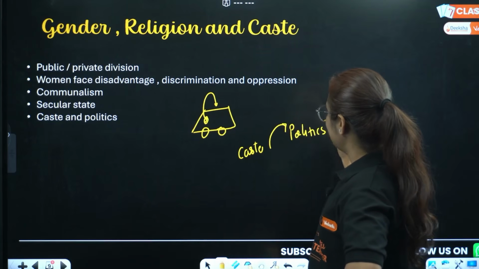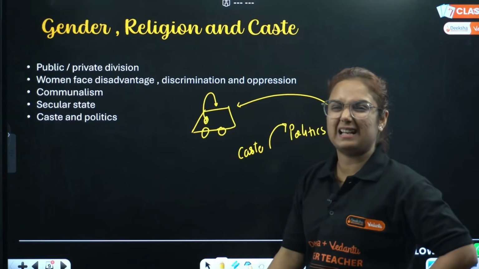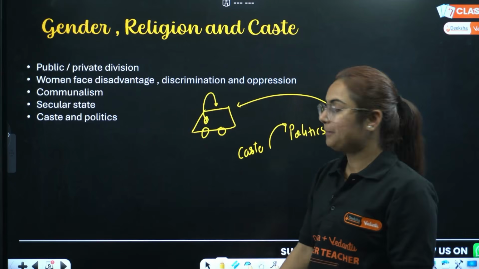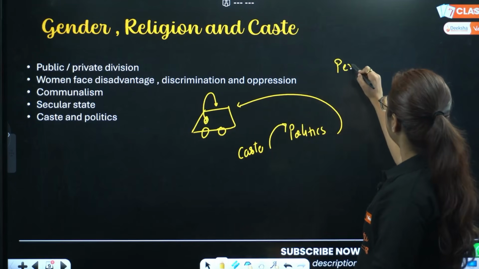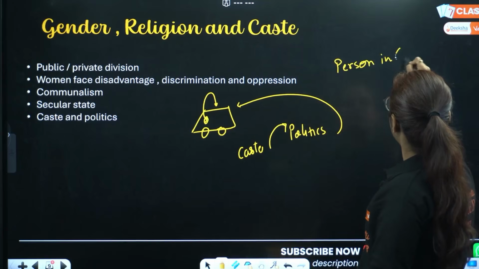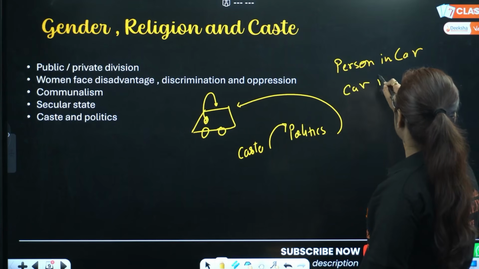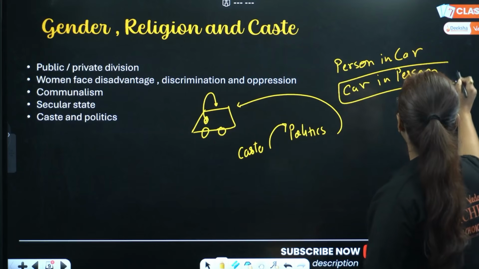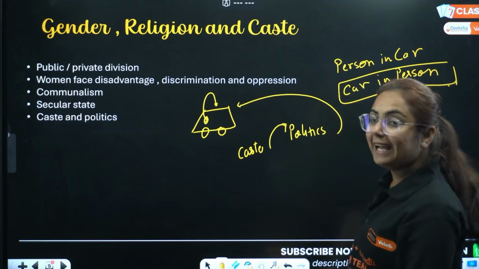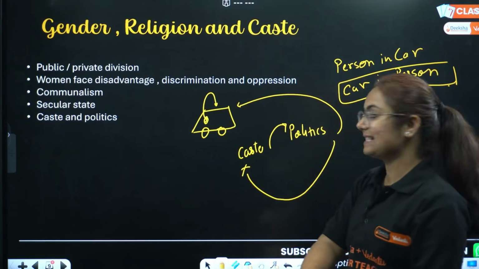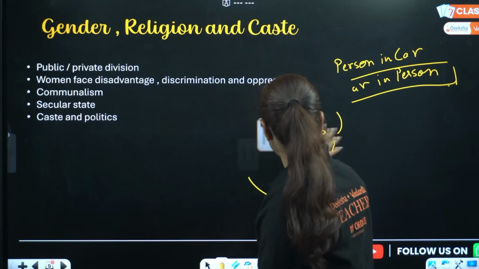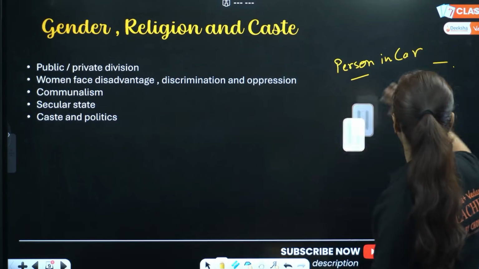See, person in the car, and car in person. How did that happen, did he eat the car? Car in person. Okay, so politics in caste. Now see, caste in politics, politics in caste.